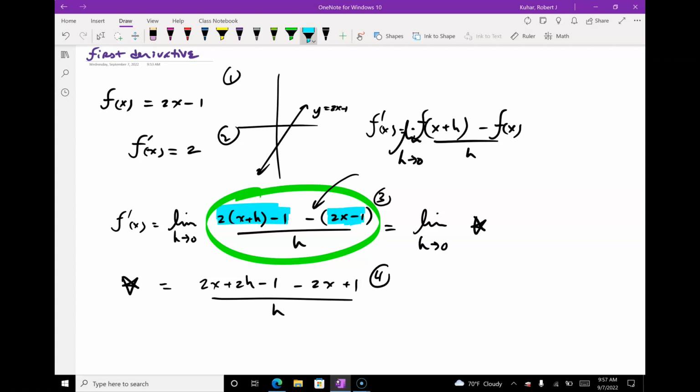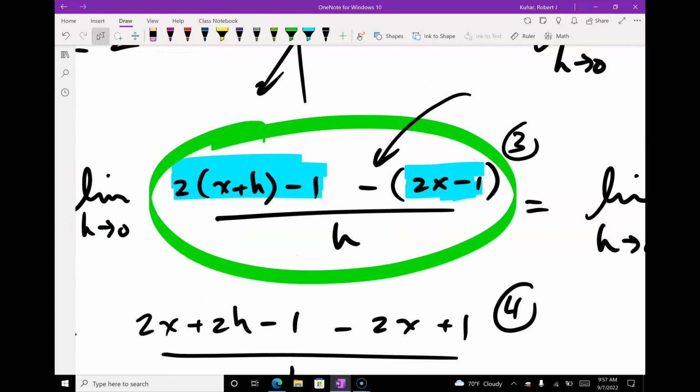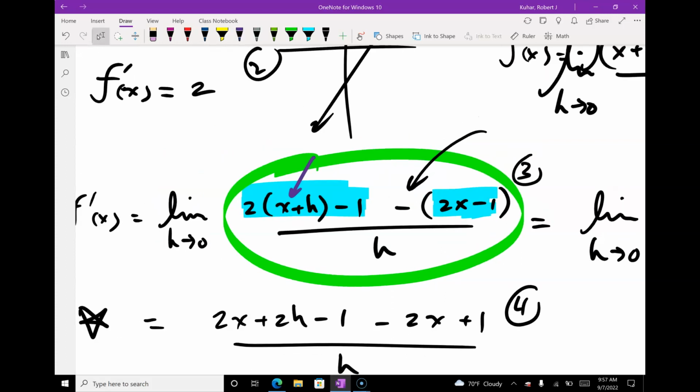That's the original function. No, I don't see a plus anywhere. There's no other plus. Yeah, but I distributed the negative, David. I distributed the negative.